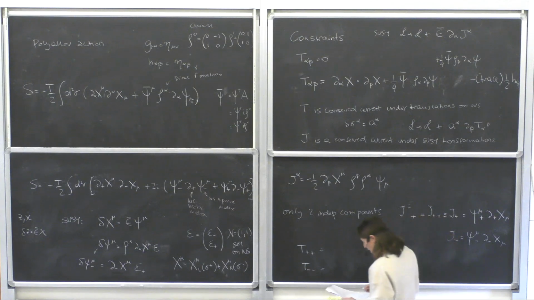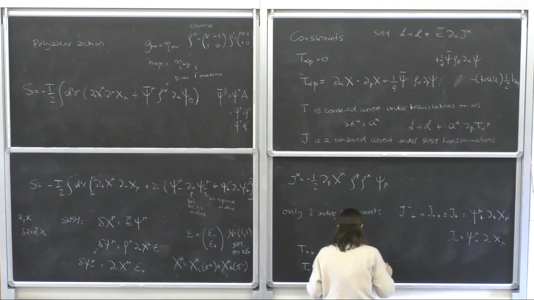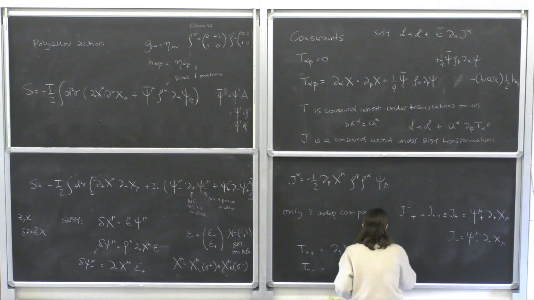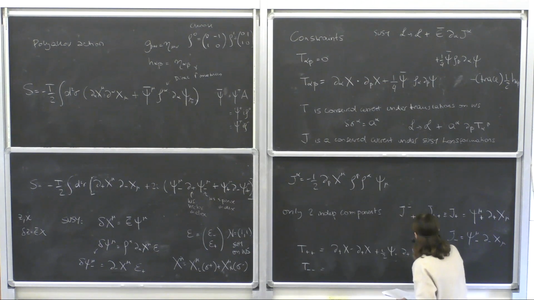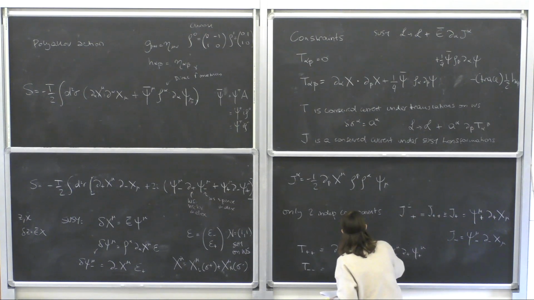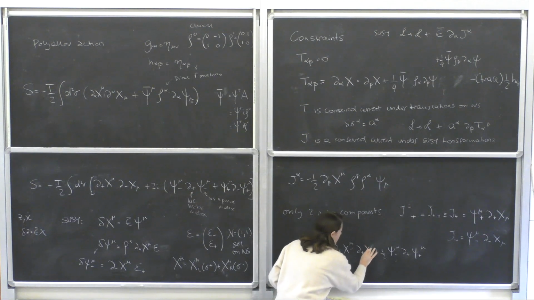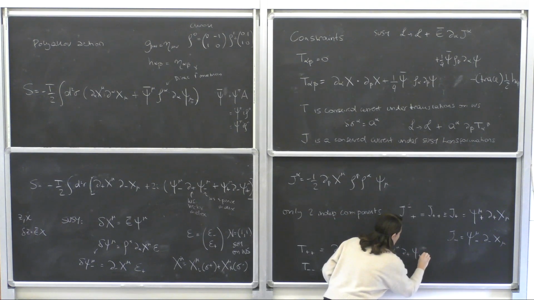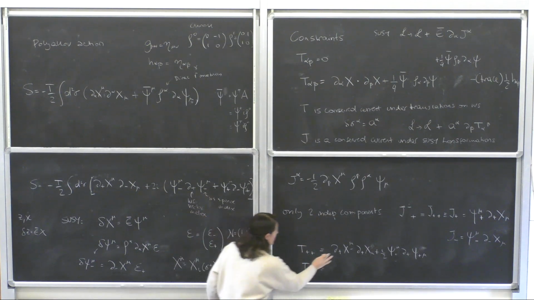And this is D plus X mu, D plus X plus i over 2 psi plus D plus psi plus, and well, write the indices mu. I should write one down. And T minus minus is the same with the minus.